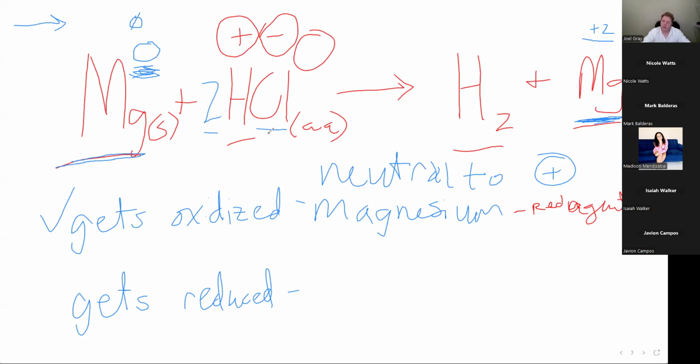Now, when we look at H2 as one of our products, I didn't include this, and it doesn't really change the result, but we would have a g there because this is in its gaseous state at room temperature. So that H2 gas is one of our HOBrINCl diatomic elements.